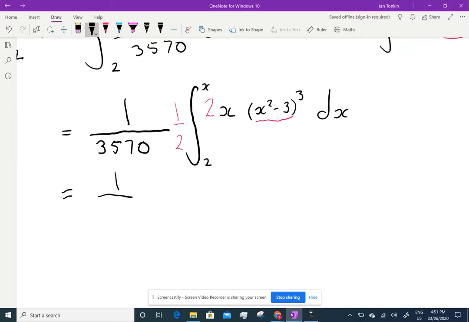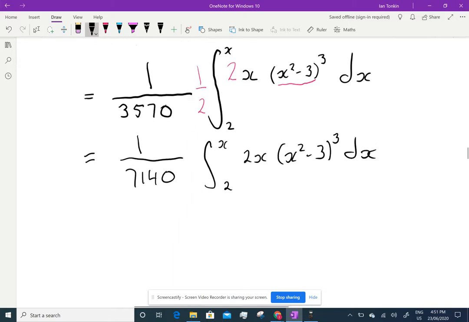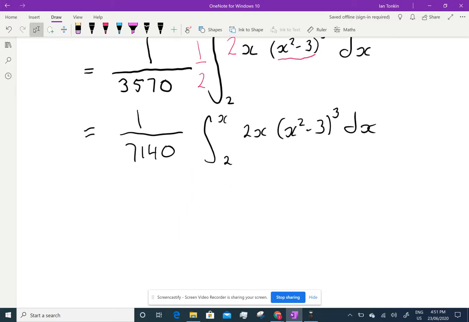So I've got 1 over 7140. And now x to 2x, x squared minus 3 cubed dx. Now realise I haven't changed the integrity of this. I've just manipulated it so I get the derivative outside the function. Now I can integrate it.